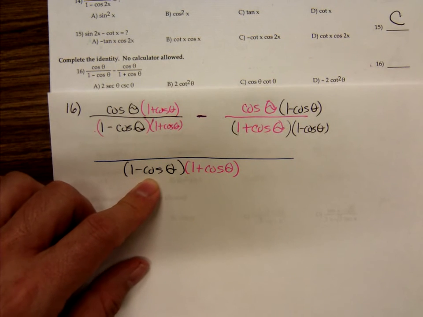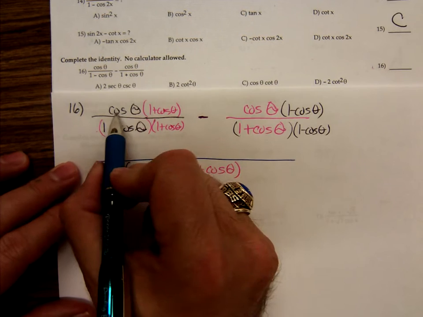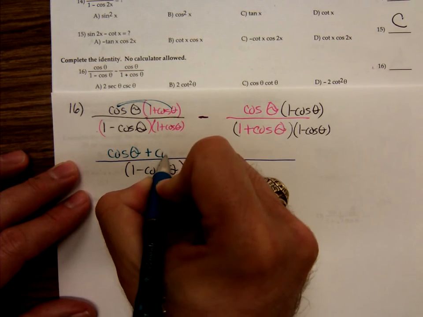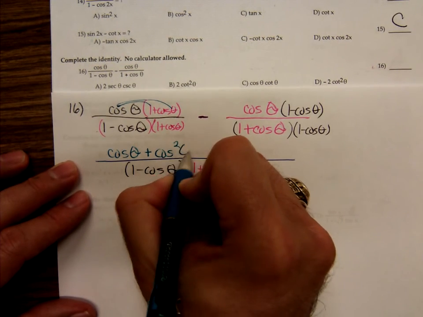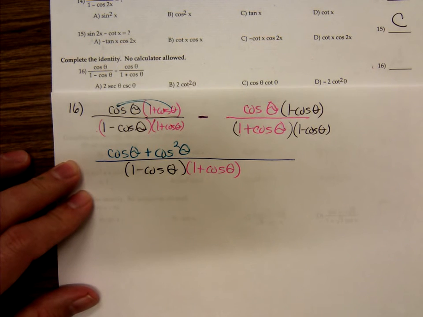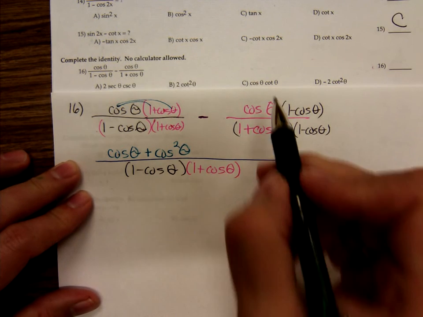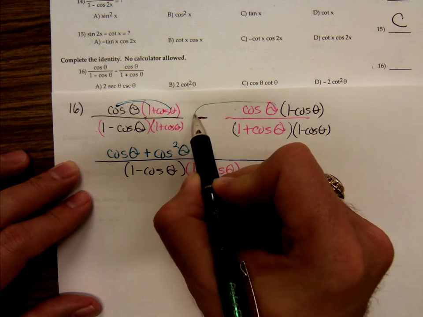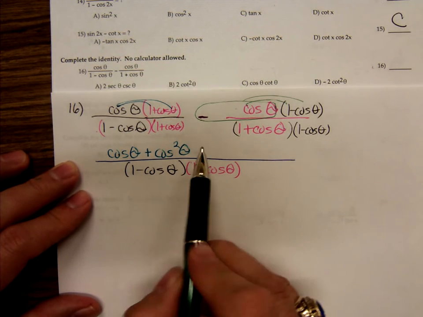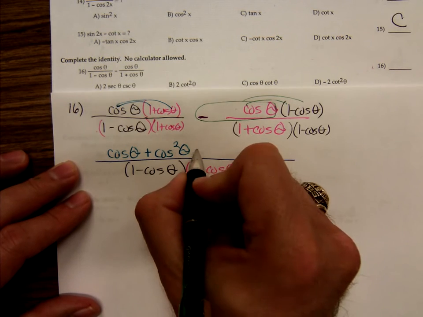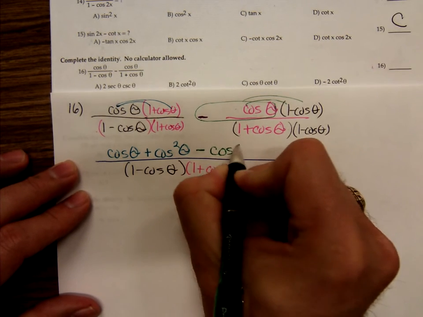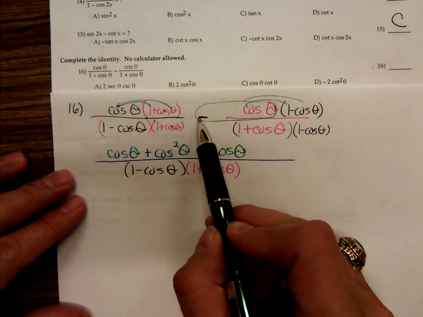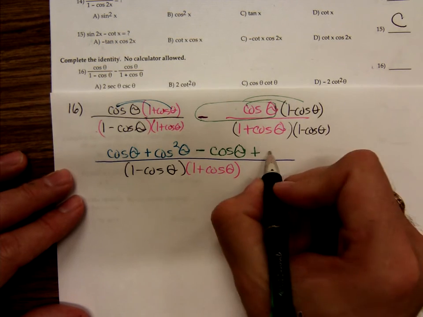So let's see. Right here, go ahead and distribute that. You'd have a cosine theta plus cosine theta times cosine theta. That'd be cosine square theta. Now when you distribute on the next one, be very careful. This minus sign is actually right up here. You need to distribute the negative cosine theta. You have a minus cosine theta, and then a plus negative cosine theta times negative cosine theta.